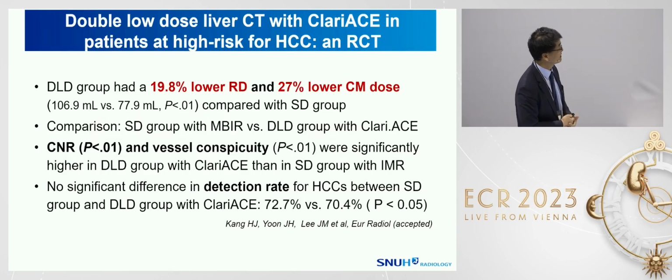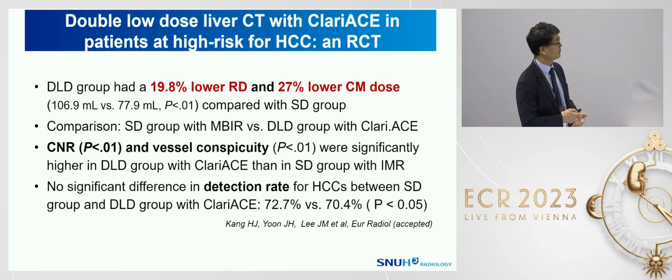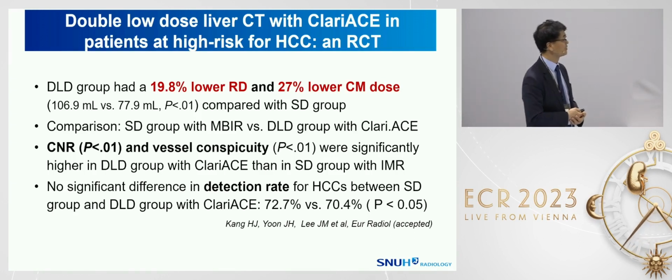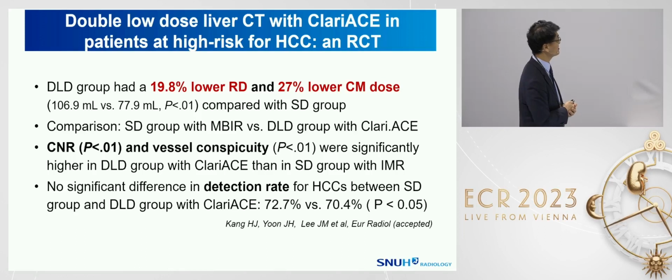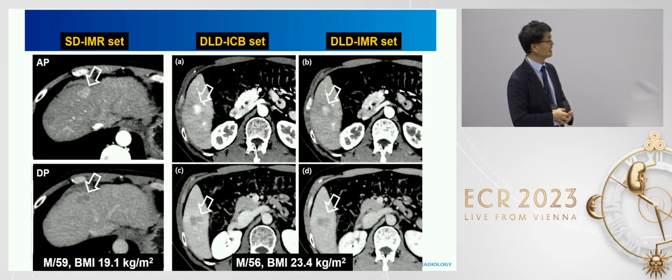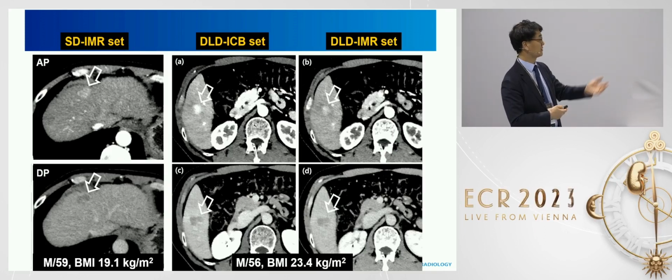According to our randomized clinical trial, the CNR and vessel conspicuity were significantly higher in the double low dose group with ClariACE compared with the standard dose with IMR. There was no significant difference in detection rate of HCCs between the 2 groups. So that means if you use ClariACE, you can safely reduce radiation dose and contrast dose.